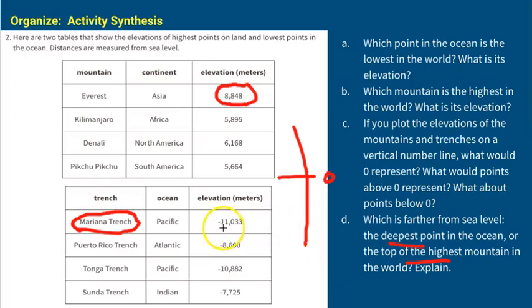Yeah, Marianas Trench is deeper than the highest point, Mount Everest, because this number is 11,000 away from 0. While this number is still impressive, 8,848, it's not nearly the same distance as that negative 11,000. That's just so much further.